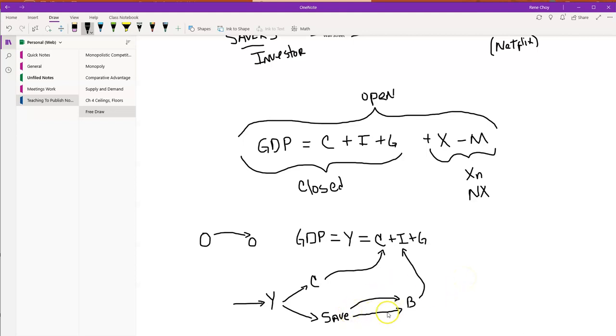So savings are necessary for the creation of credit. And credit is extremely important for the creation of factories and machines and technology, etc. All right. So we need to talk a little bit more about the role of savings in the economy and where they come from.